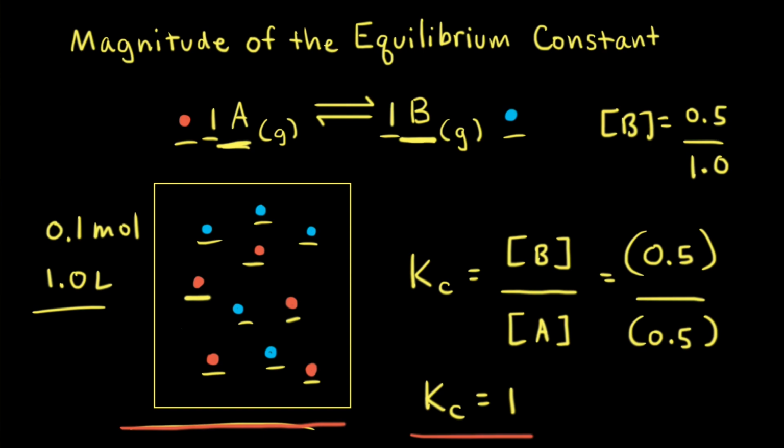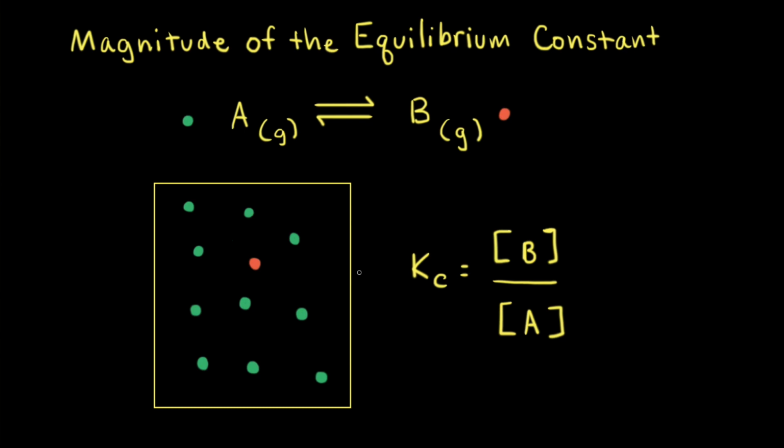Let's look at another hypothetical reaction which also has gas A turning into gas B. However, this time gas A is green and gas B is red. And let's calculate the equilibrium constant Kc for this reaction. Once again, our particulate diagram shows an equilibrium mixture. So Kc is equal to the concentration of B over the concentration of A. And it's a lot faster to simply count our particles.